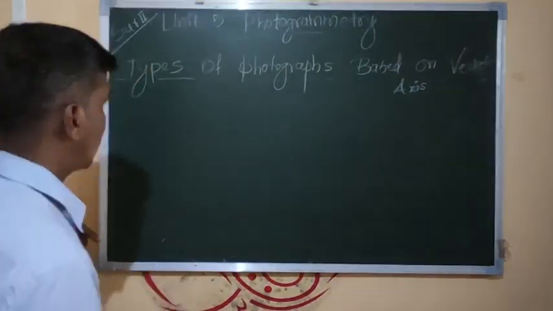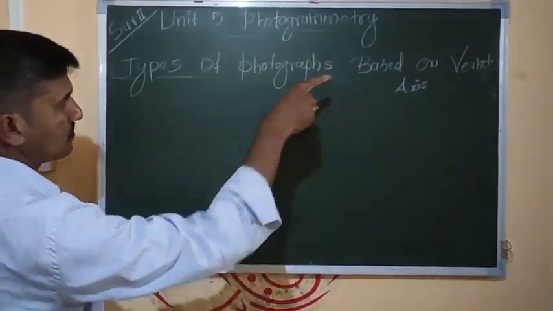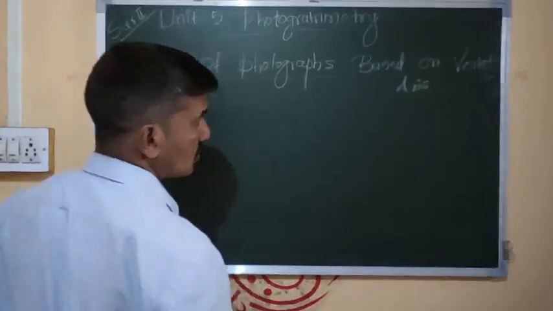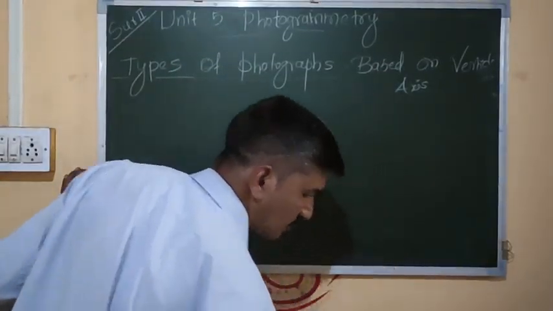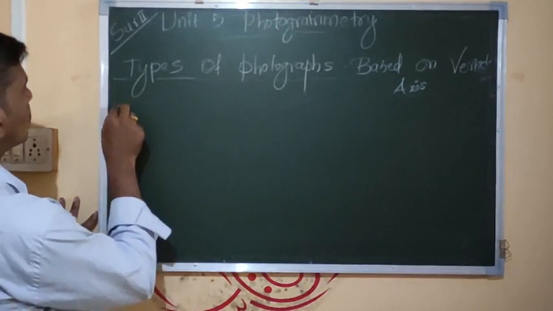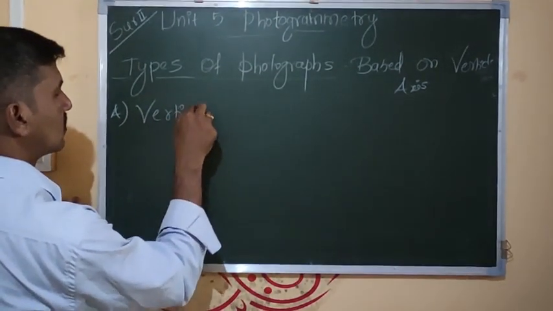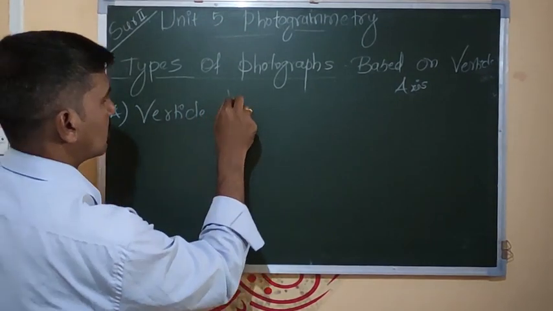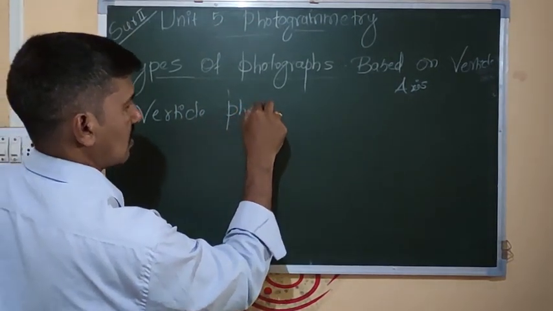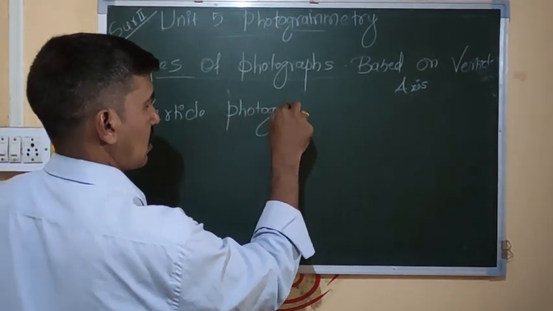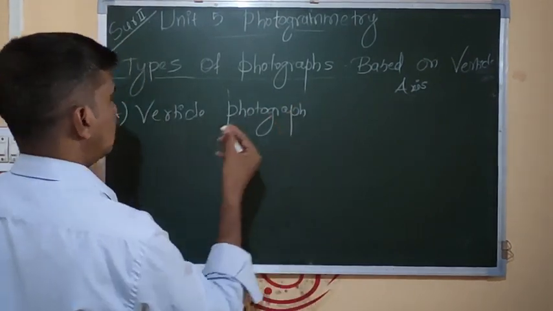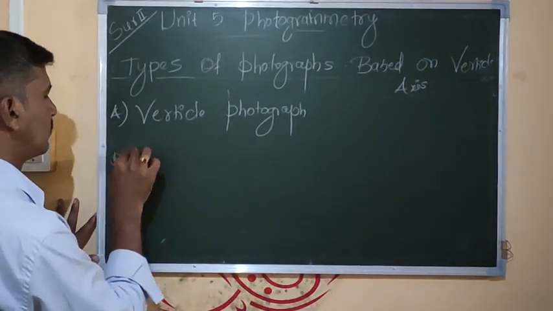There are two types of photographs based on the vertical axis. One is the vertical photograph, and the second one is the oblique photograph.